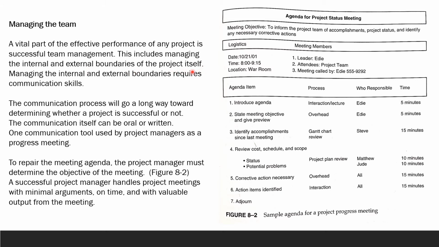All of your project is so because your project contains your team. So managing the internal and external boundaries, you need communication skill. Everything that you have to deal with people is a headache. Communication is, we're not talking about how well you speak your native language, it's not a language, it's communication.